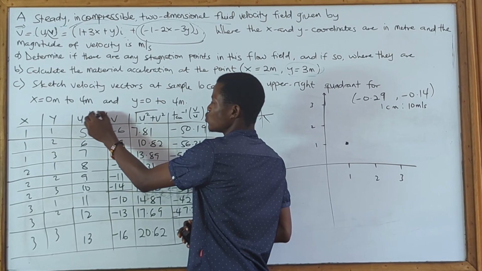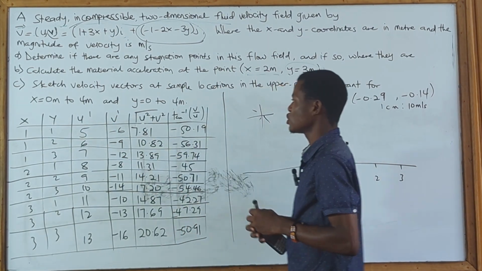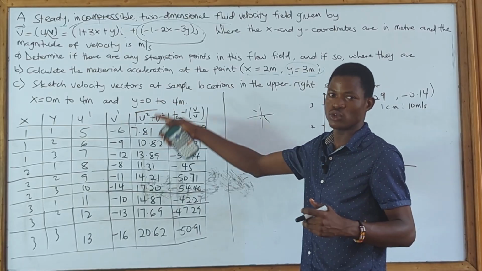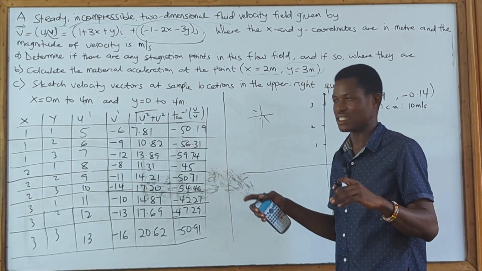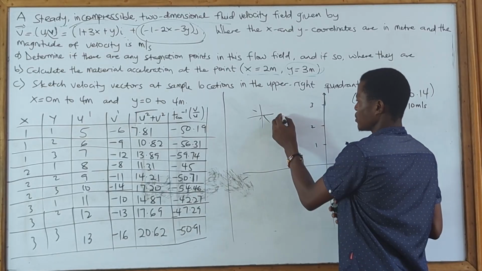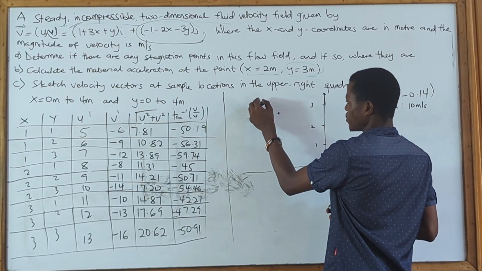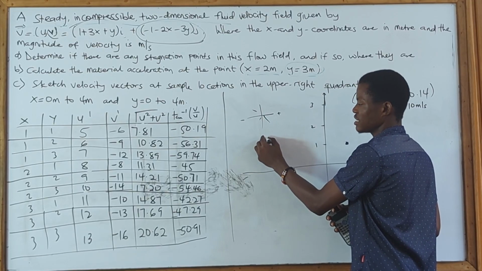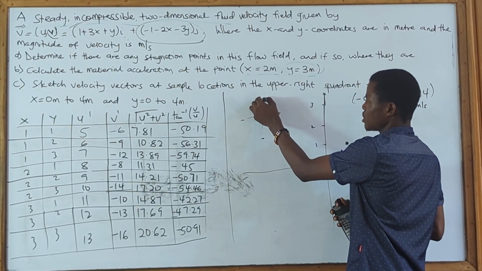Our u and our v would help us know which direction it is supposed to be. So we know that u is the x-axis, and v is the y-axis. So for the x-axis, this side is positive, this side is negative. For our y-axis, this side is negative, and this side is positive.